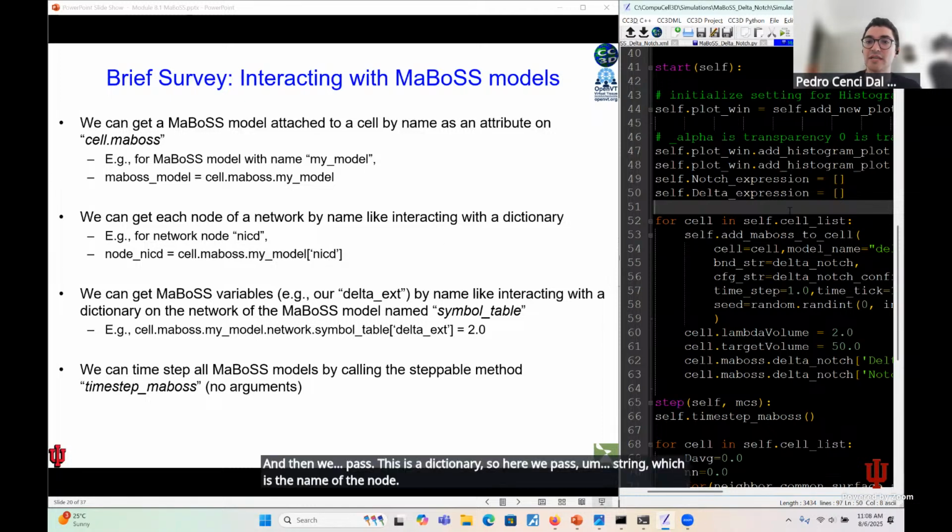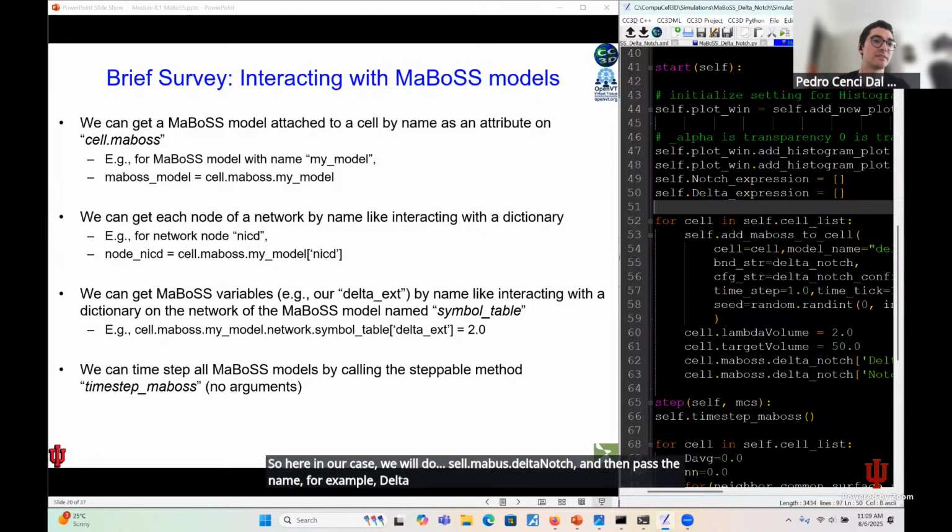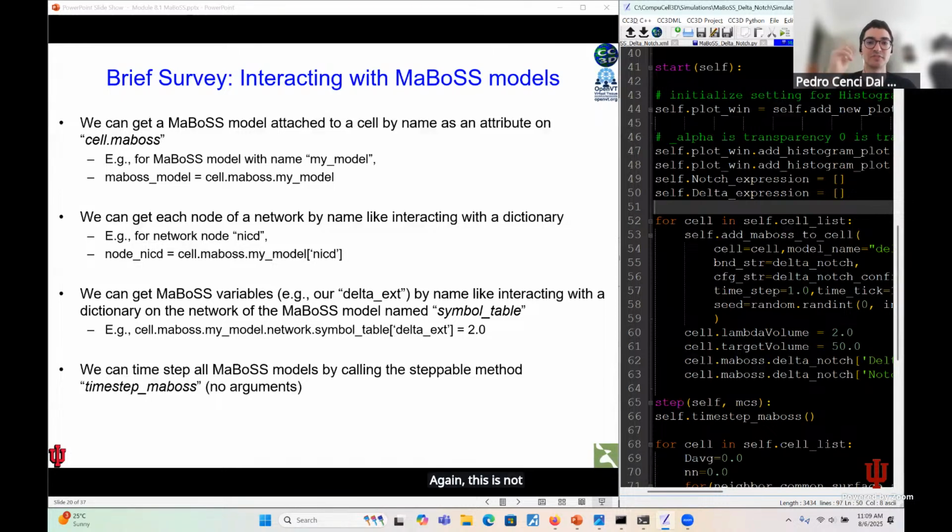So here in our case, we will do cell.maboss.delta notch and then pass the name, for example, delta, and then we are getting the node delta. Again, this is not the value of the node, this is just the node. If we want to get the value of the node, then we do dot state. We do node dot state.